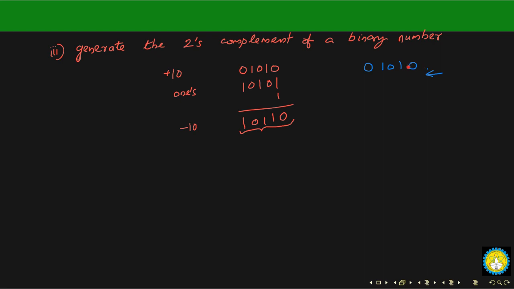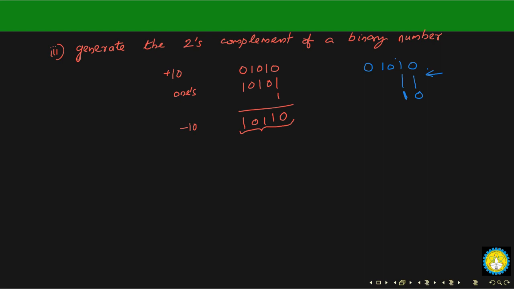In this case you're getting a 1 here itself. So you copy all of those until you see a 1. You copy this 0, and you also copy this 1. Until you see a 1, all the inputs are copied, including the 1, right?